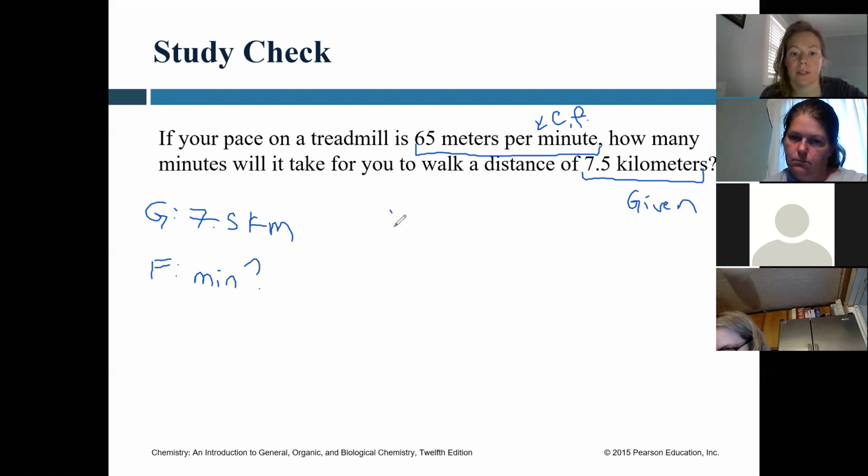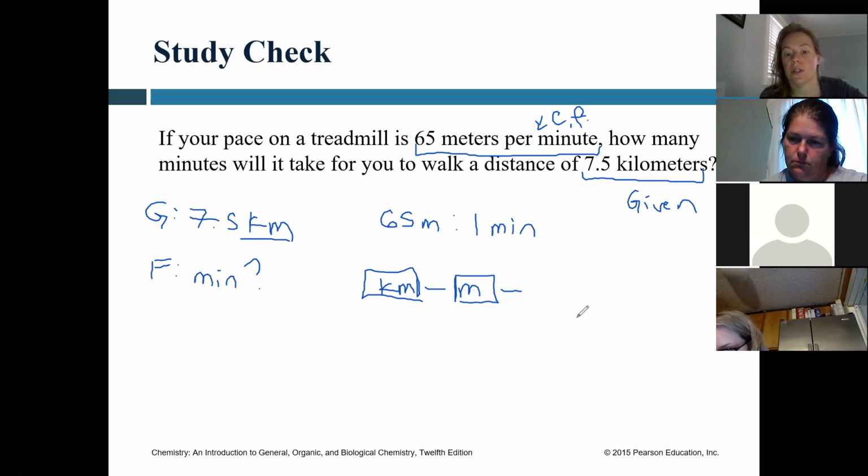I have a conversion factor that says I go 65 meters in every 1 minute. So this is my conversion factor. This thing though is not quite where I need it to be. So my first step is going to be to go from kilometers into meters. That is just using a metric prefix shift. And then from meters, I can go into minutes using the given conversion factor for this problem.